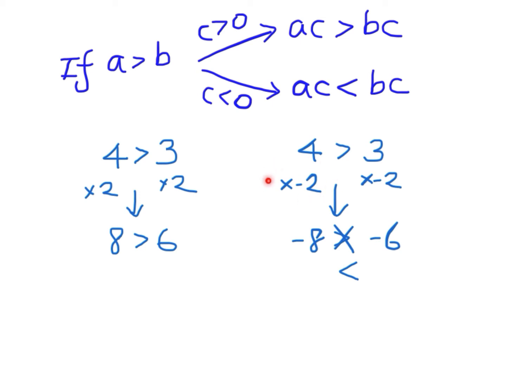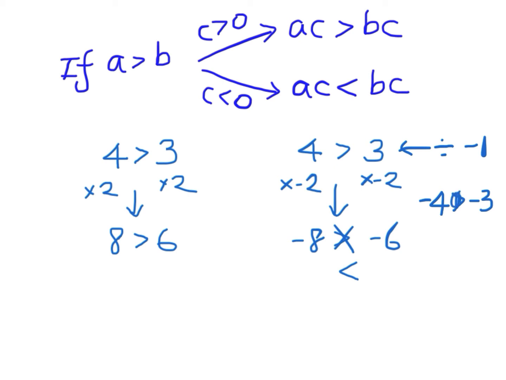And in fact, this also works for division. If we divide both sides by a negative number, we should always change the direction of the inequality sign. And we can simply take another example. If we divide both sides by minus 1, then the left hand side becomes minus 4 and the right hand side becomes minus 3. And therefore, if we insist on the direction of the inequality sign, then this inequality is no longer true.